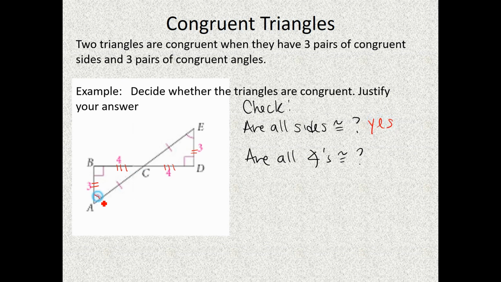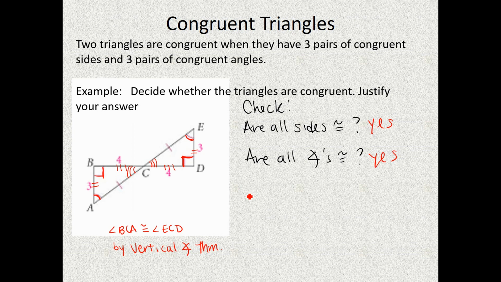We also have one angle that's congruent, the right angles that are congruent, and I also could say that angle BCA is congruent to angle ECD by vertical angles theorem. So yes, all the angles are congruent.